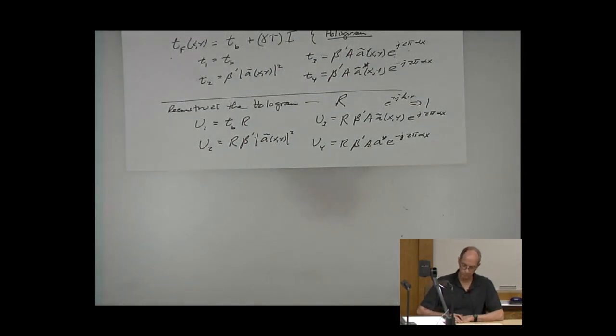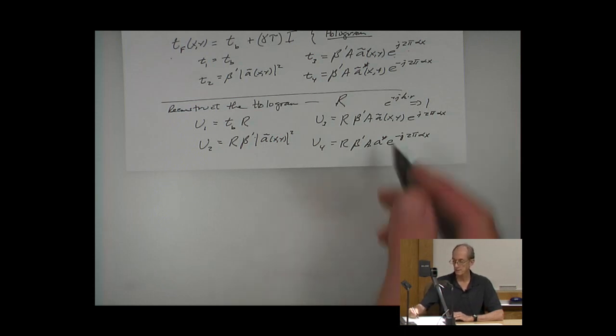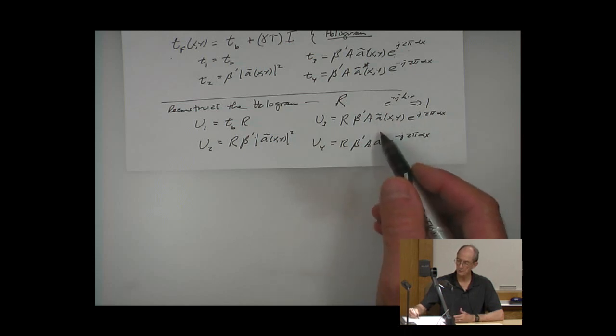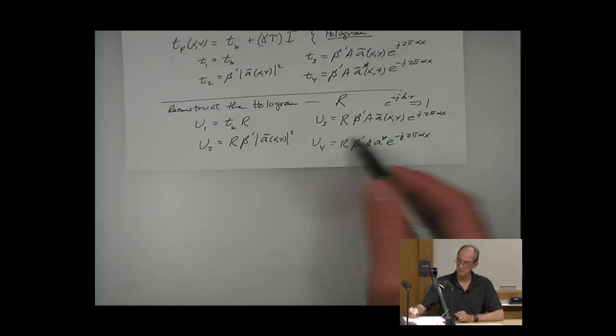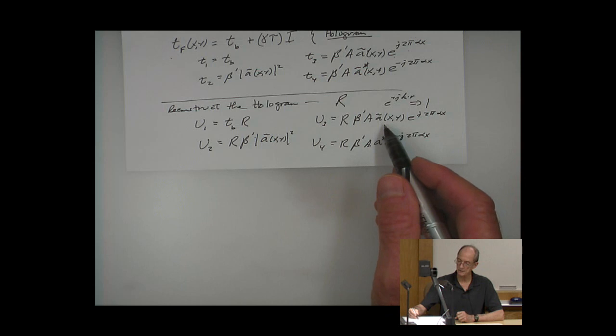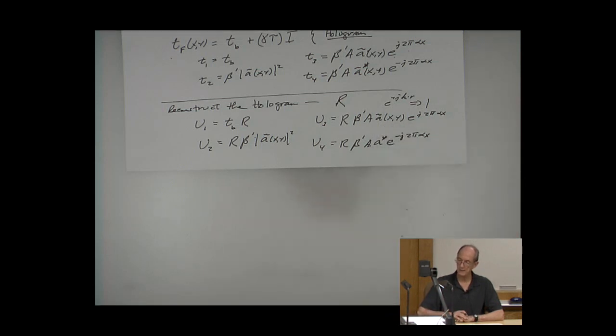Okay, so we have these several different terms here. And again, in here you can explicitly see that if we control A in a certain way, we're going to get exactly the object field coming out of this, or the conjugate field coming out of it.